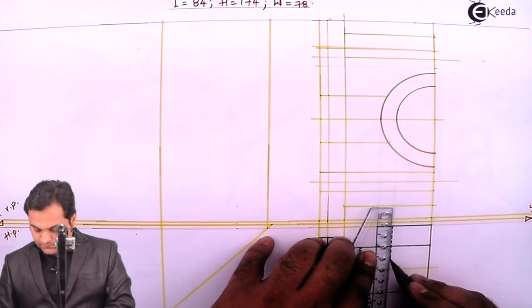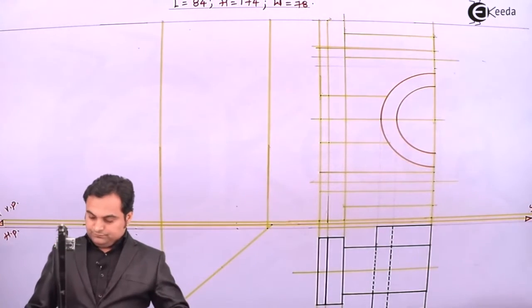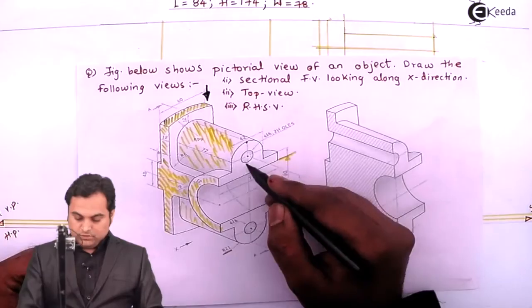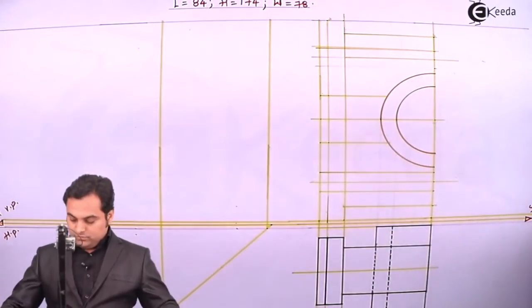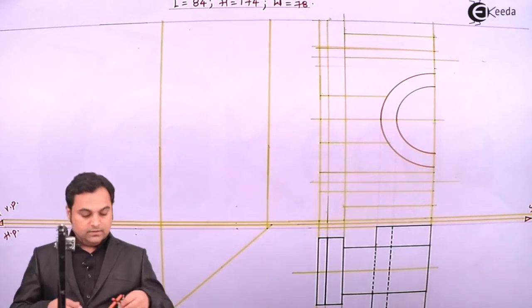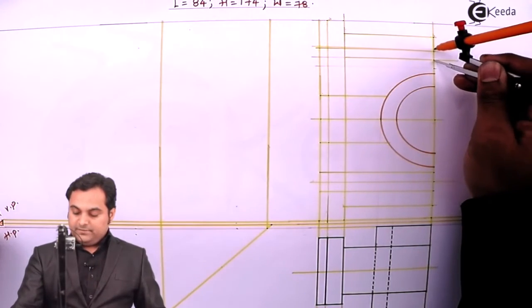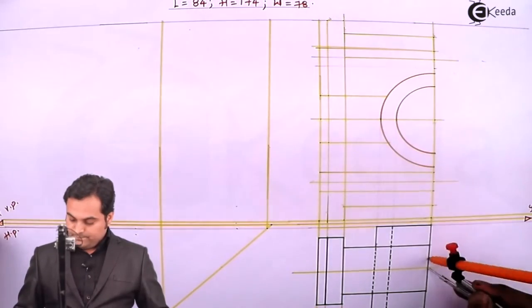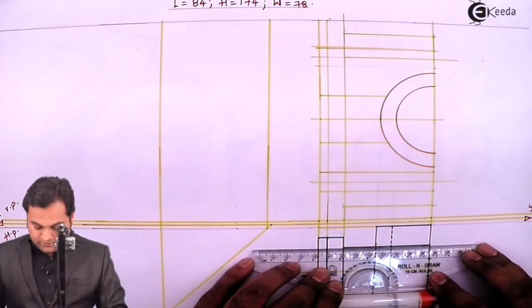Having total width 78 mm. There is a circle of diameter 16 mm which is there inside this plate throughout. So from this center, I'll measure 88 mm, that is already the diameter is there. It will be a true circle.